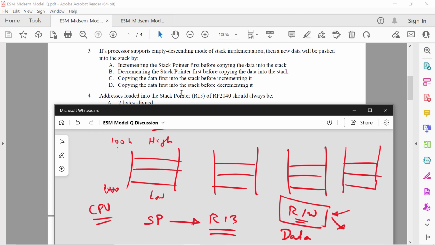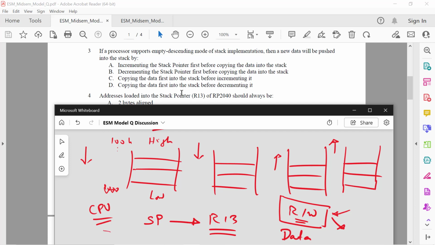So now let us look at different ways of operating the stack. Imagine a stack is growing towards the lower address. Let us assume that these two stacks are going towards lower addresses, and these two are going towards higher addresses. That means when I keep pushing data, the stack is going to go down.